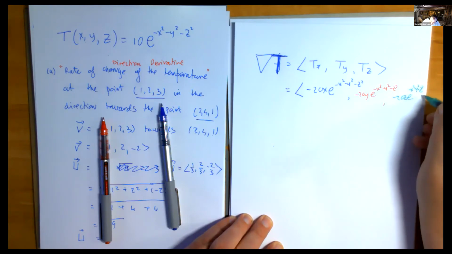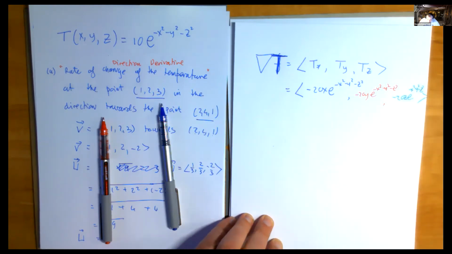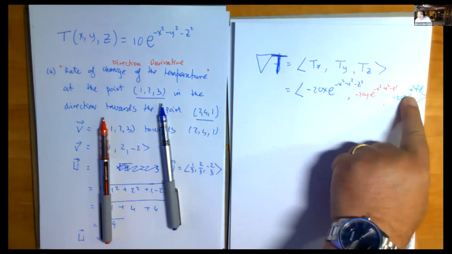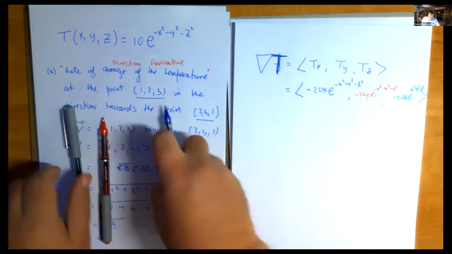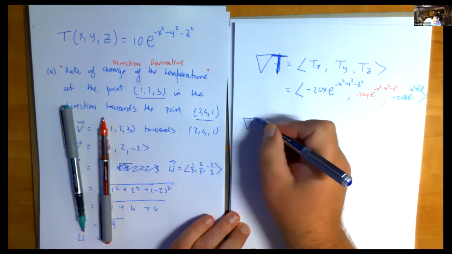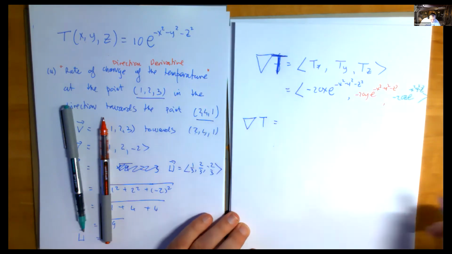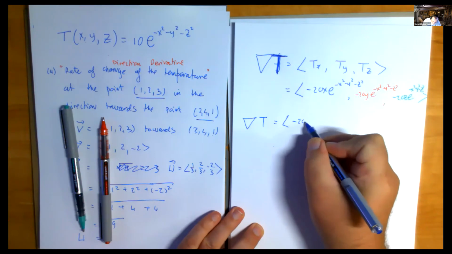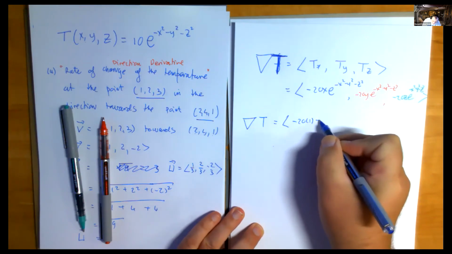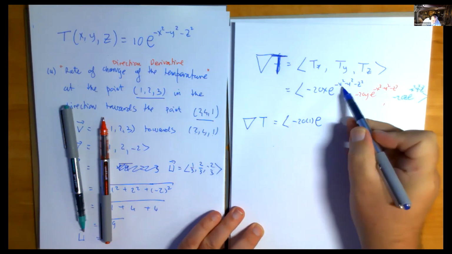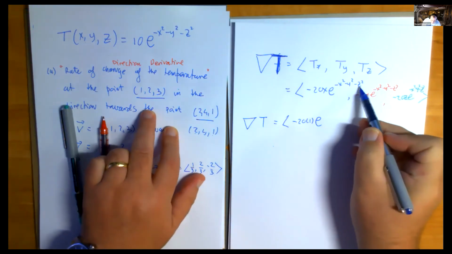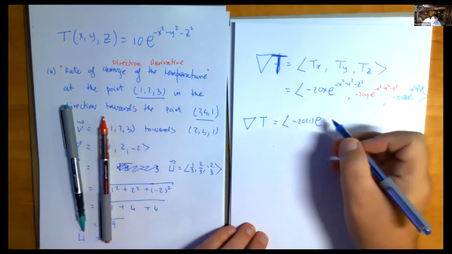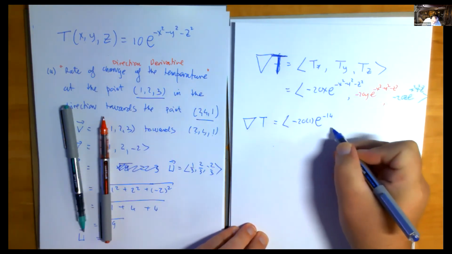Isn't this guy the same guy every time? So the gradient vector at the point 1, 2, 3 becomes negative 20 times 1 e to the power of 1, 2, and 3. So it's 9, 10, 14. So that's e to the negative 14.